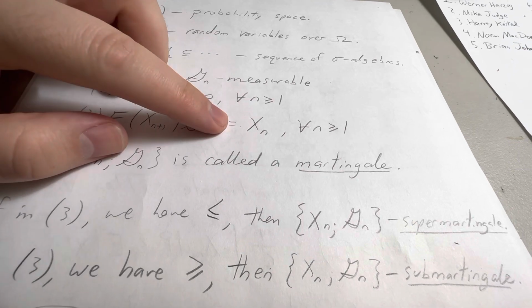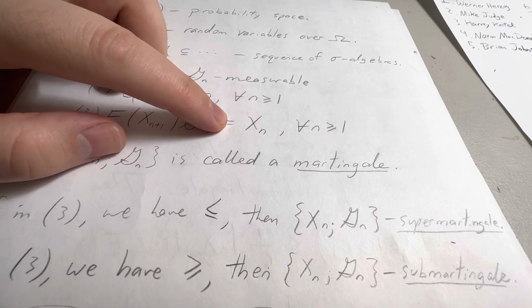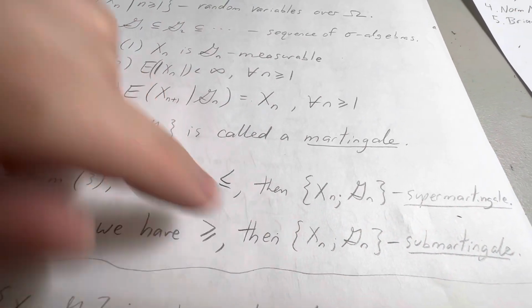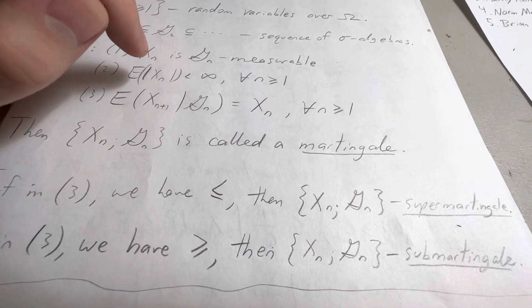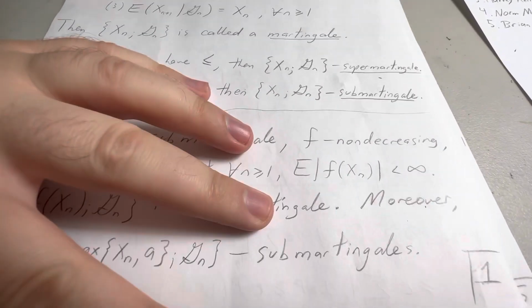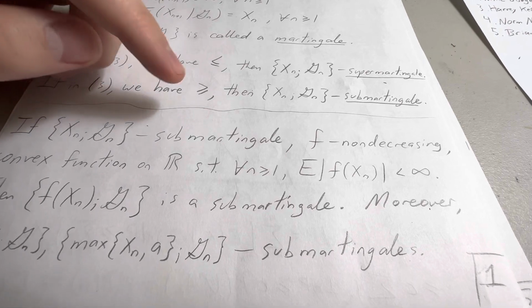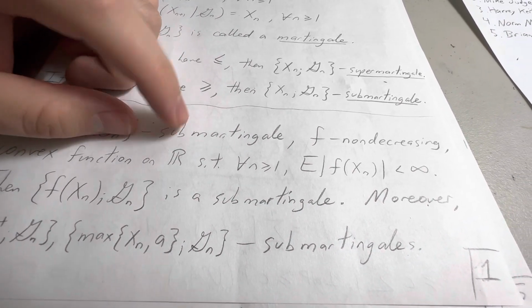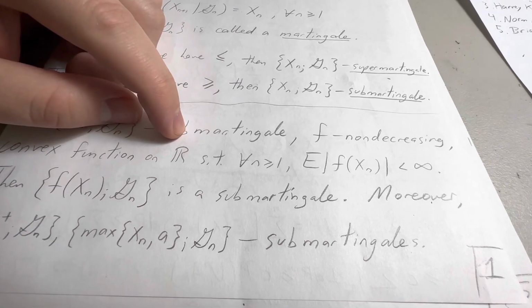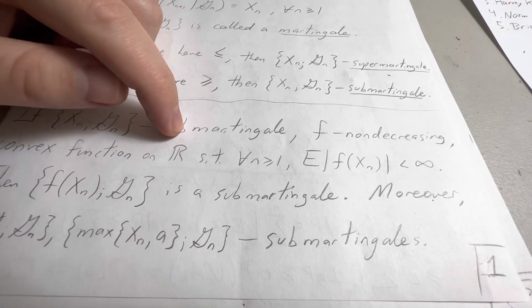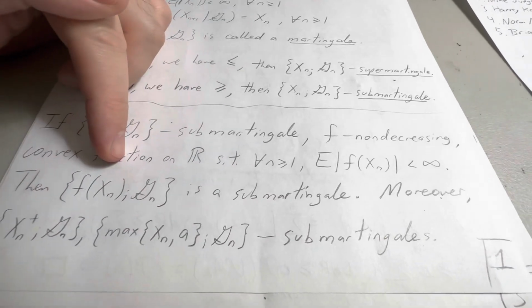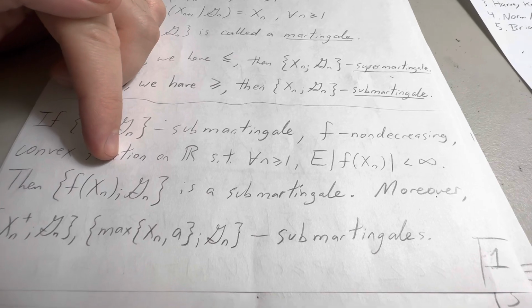If instead you have less than or equal to, then it's called a supermartingale. If you have greater than or equal to, then this family is called a submartingale. And then using Jensen's inequality, we can create new martingales from old. Given a submartingale and a non-decreasing convex function f, and the expectation of f(Xn) is finite, then this new family of random variables is a submartingale.